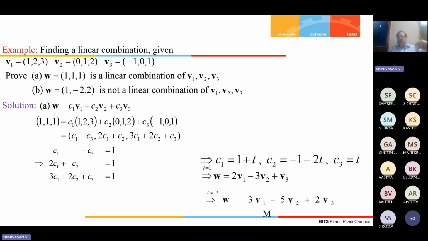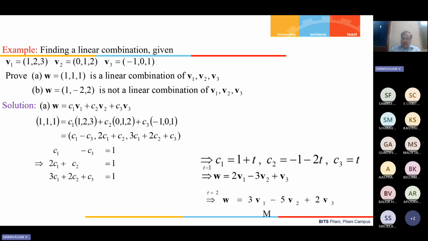You can give arbitrary values for T starting from 1, to be on the safer side. So C1 is 1 plus 1, 2, so 2V1. C2 is minus 1 minus 2, minus 3, so minus 3V2, plus C3 V3, where C3 is T equal to 1. So you have W equal to 2V1 minus 3V2 plus V3.